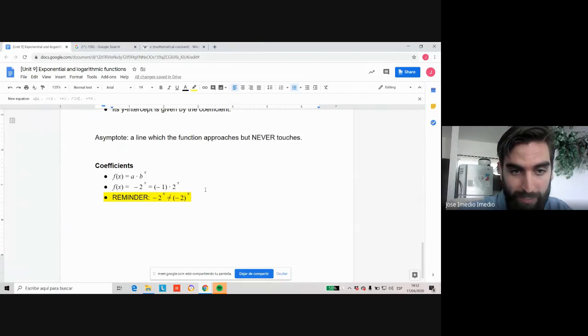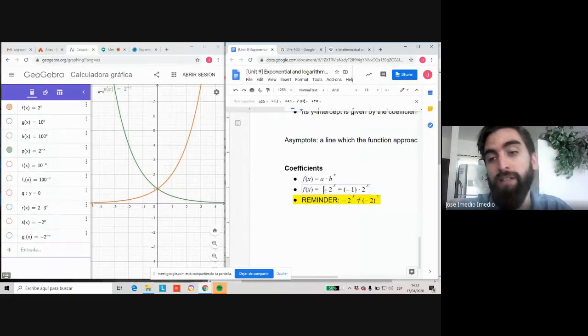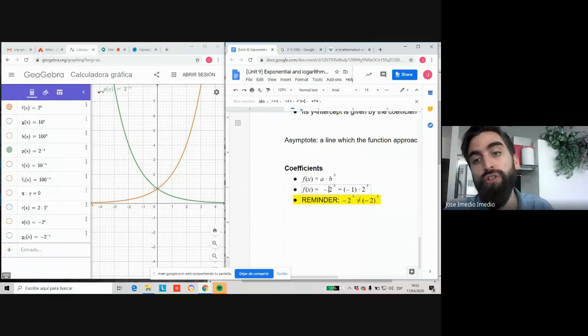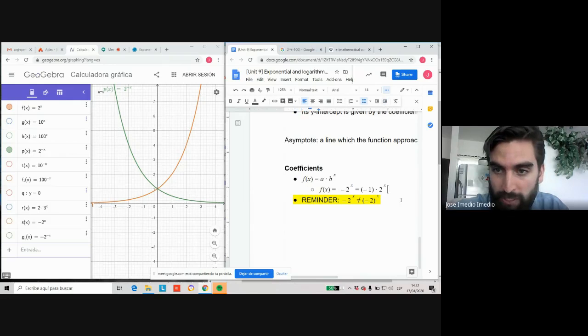Okay, I can have this and that can make me have this negative sign here. But remember, this is not making the base negative. It's just a coefficient. Okay, there's another coefficient that can appear for us. Actually, let me make this.